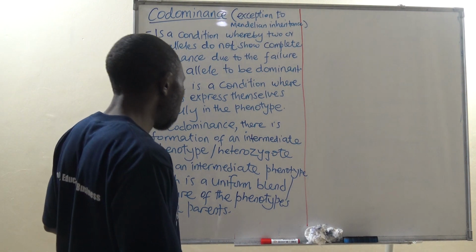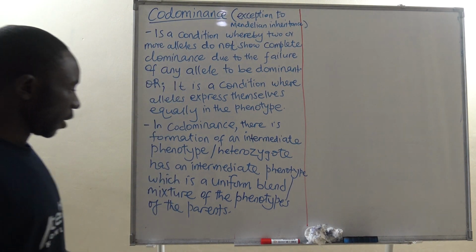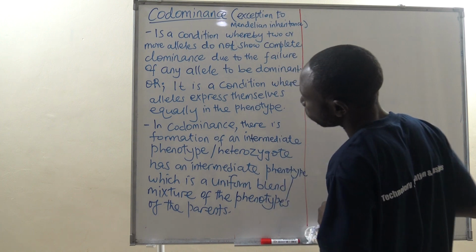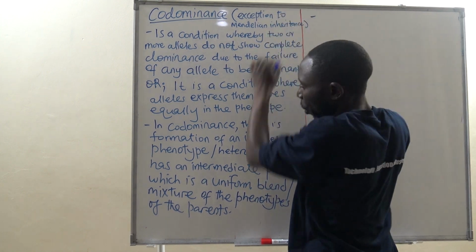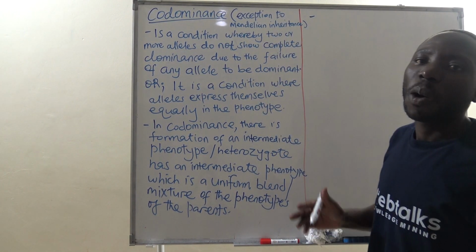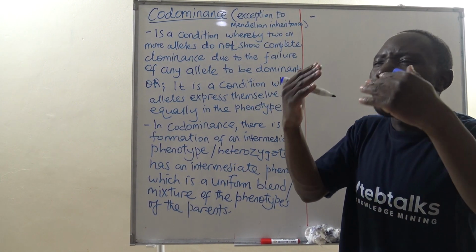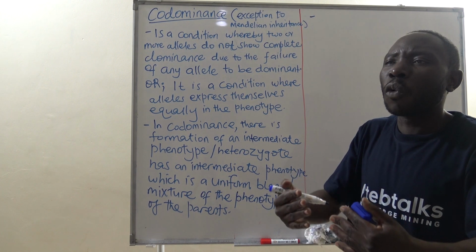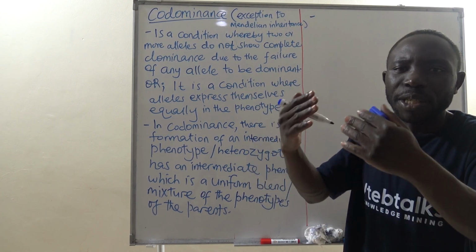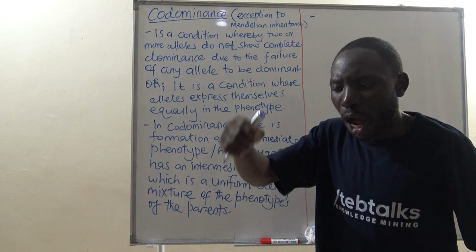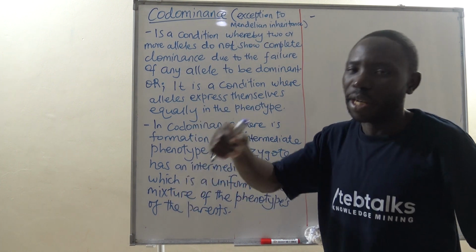Now, in codominance, we know that the F2 monohybrid ratio of 3:1 is modified to 1:2:1.